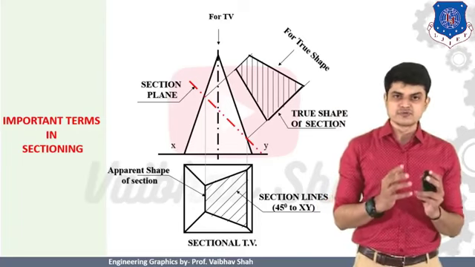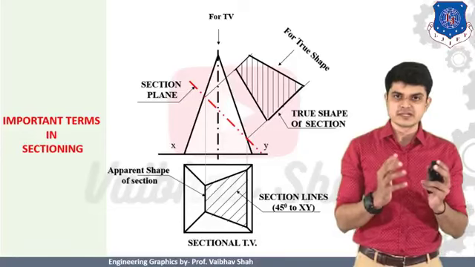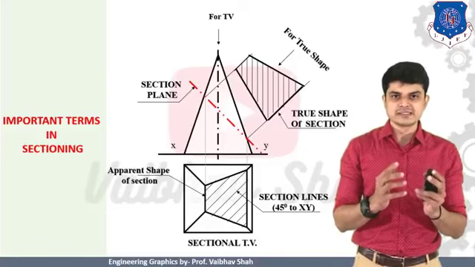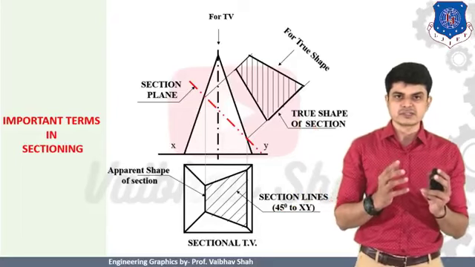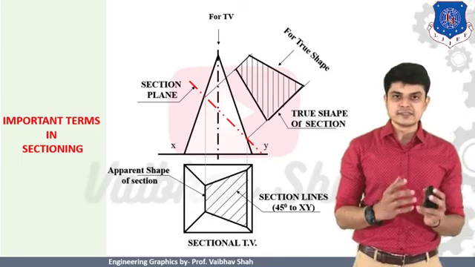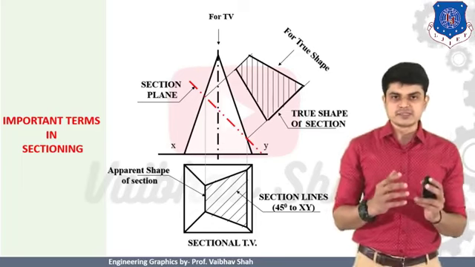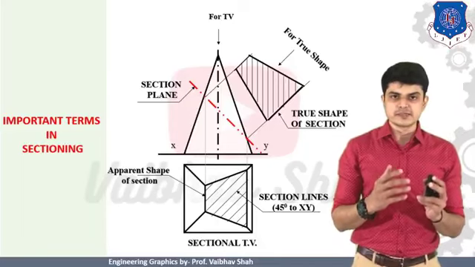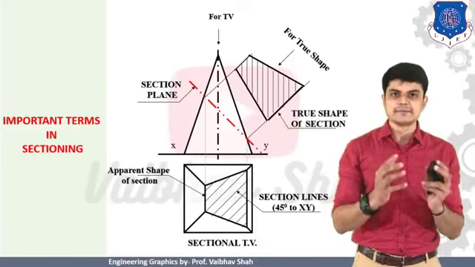So in an examination, you will be given one object with certain dimensions. It would be either based on HP or based on VP. You should first construct and solve the example for projection of solids. Thereafter, in the second stage, you should take one cutting plane based on your problem statement. Here suppose I have been given this cutting plane, so I should put the cutting plane at the prescribed position.